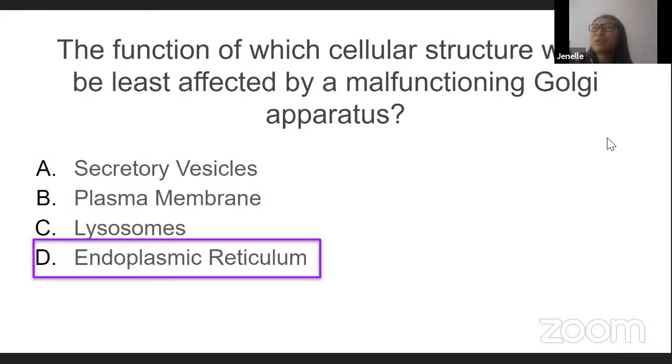This particular question is asking which one would be least affected, so all answer choices A, B, and C would be majorly affected by the Golgi apparatus. Does that answer the question, Kaylin? Or are you asking how the plasma membrane would be affected?